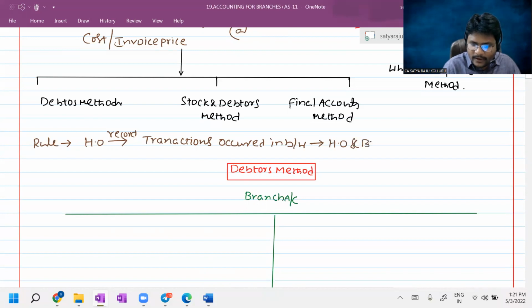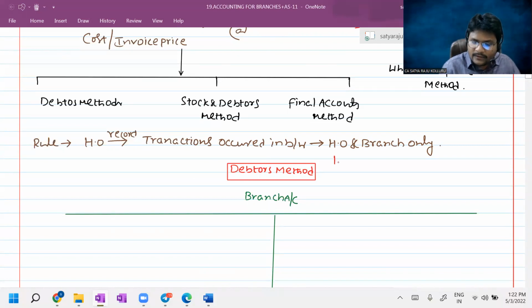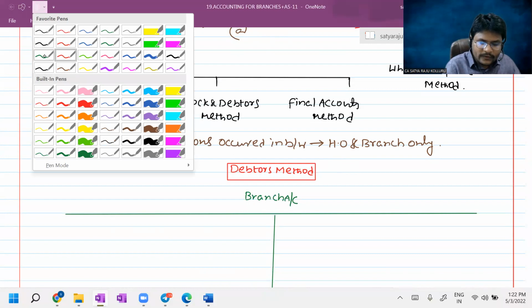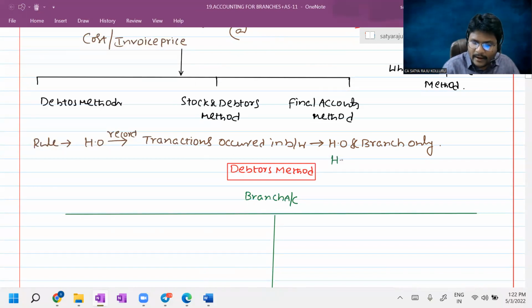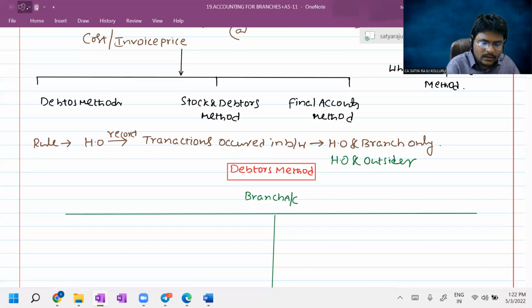Head office and branch only. It will not record any transaction occurred in between head office and outsider. Head office and outsider, it will not record at all.